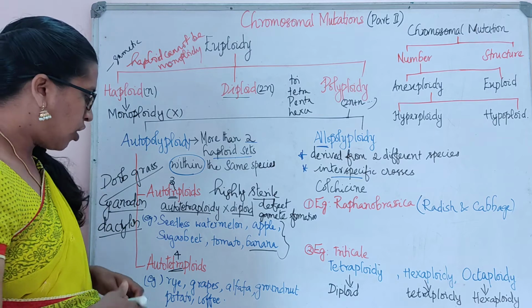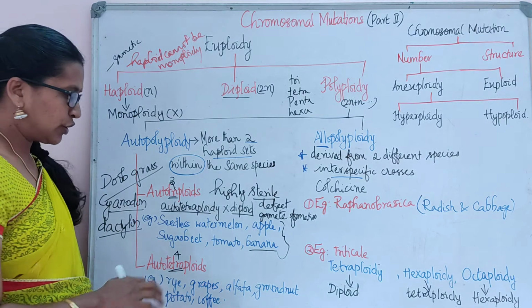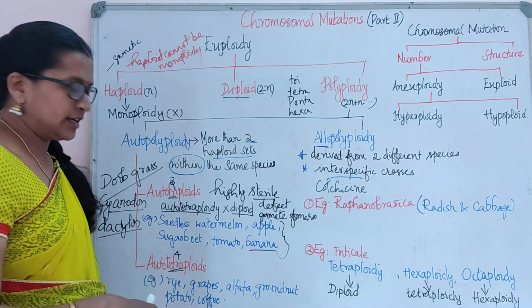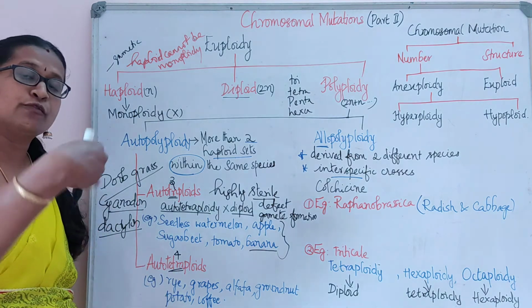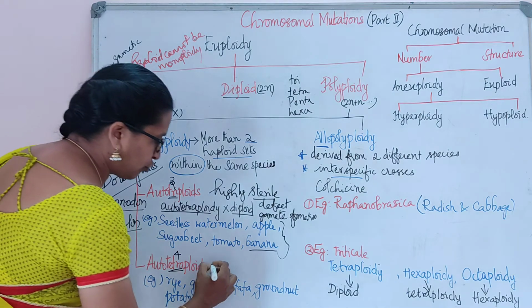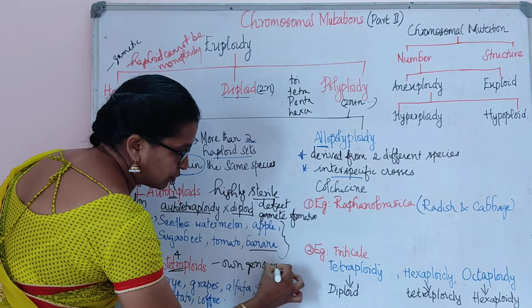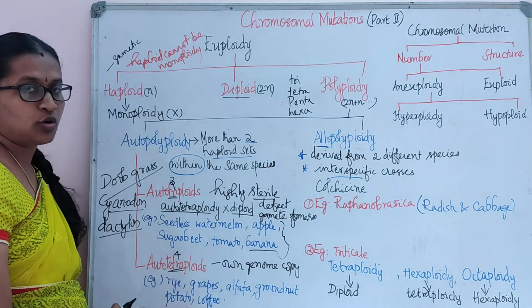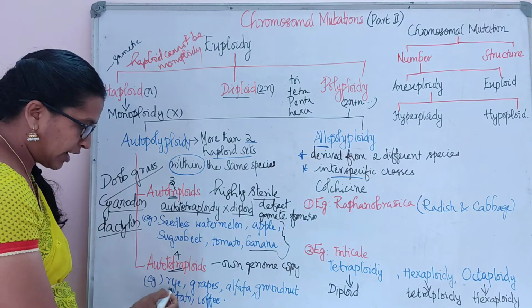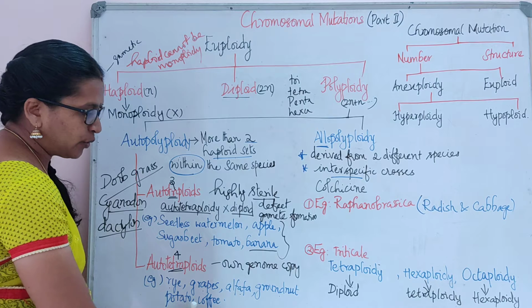Okay, so next here is autotetraploids. In autotetraploids, the number is 4, so 4 will be added. So it is autotetraploid. 4 copies of its own genome will be present. Examples for this autotetraploid are rye, grapes, alfalfa, groundnut, potato and coffee.